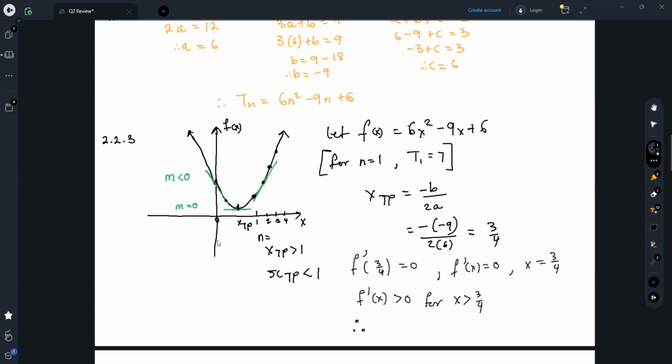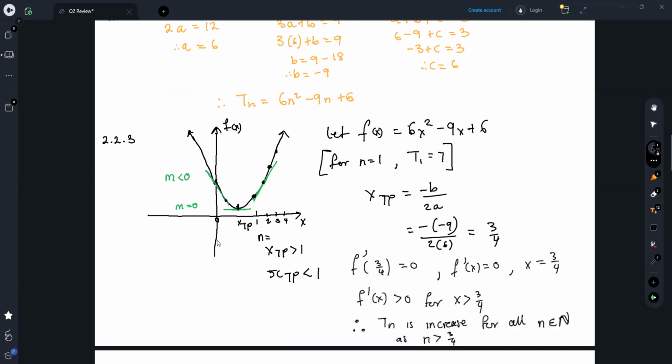So we can say now T of n is increasing for all n, an element of natural numbers, as n will always be a number greater than 3 over 4.